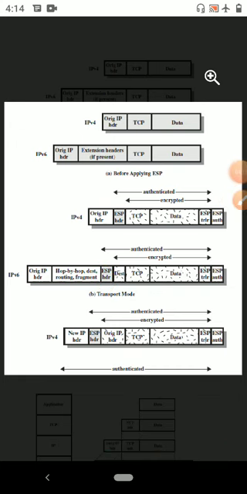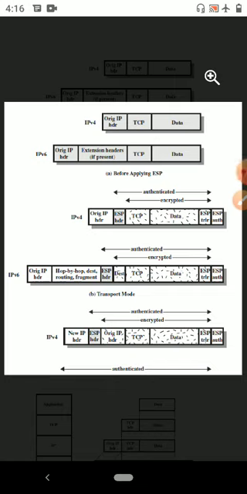Transport mode operation may be summarized as follows. First, at the source, the block of data consisting of the ESP trailer plus the entire transport layer segment is encrypted and the plain text of this block is replaced with its ciphertext to form the IP packet for transmission. Authentication is added if this option is selected. Second, the packet is then routed to the destination.